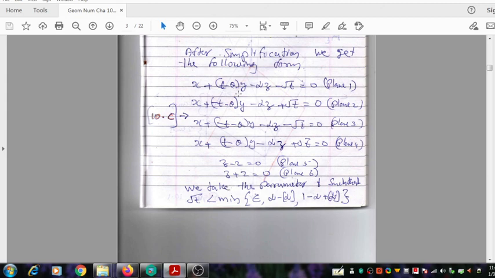But considering the first four equations, we substitute z equal to 0, because all four lines belong to the xy plane. In the xy plane only x and y are the variables. When we consider the xy plane as a part of three-dimensional Euclidean space, for every point belonging to the xy plane the z coordinate value equals 0.